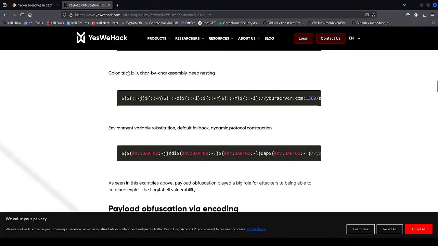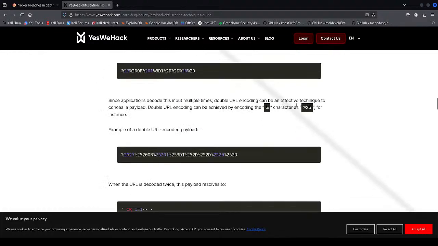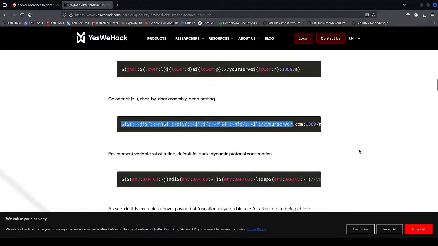Now let's see the next one. Colon trick, char-by-char assembly, deep nesting. As you can see here, this is still a valid version of the original payload. So this can still be used as a payload to get shell access to the server.